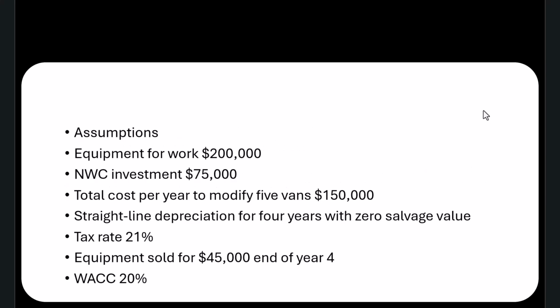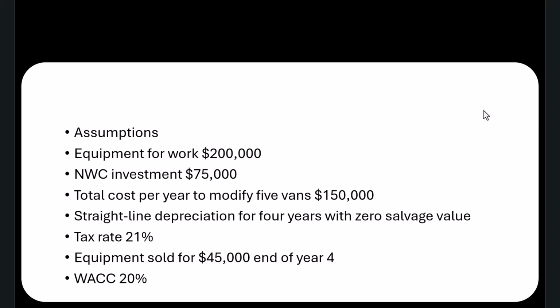Let's assume that the equipment for the work is going to cost $200,000, that MPI is going to have to make an investment in net working capital of $75,000. So that would be inventories, accounts payable, accounts receivable, etc. The total cost per year to modify 5 vans equals $150,000.